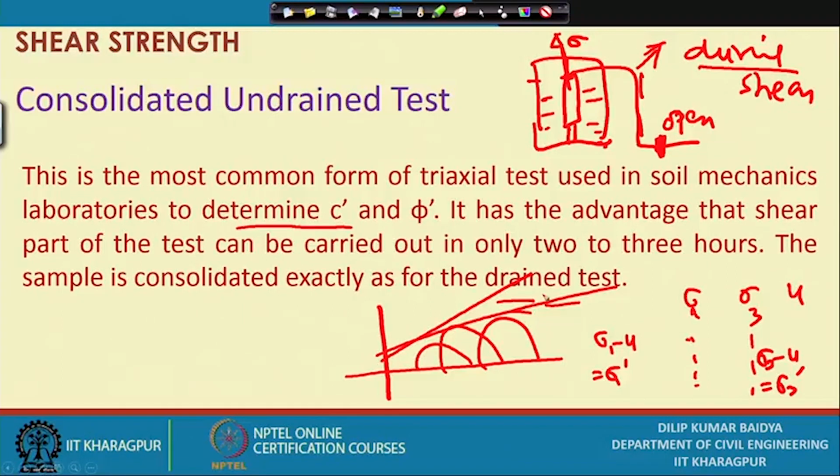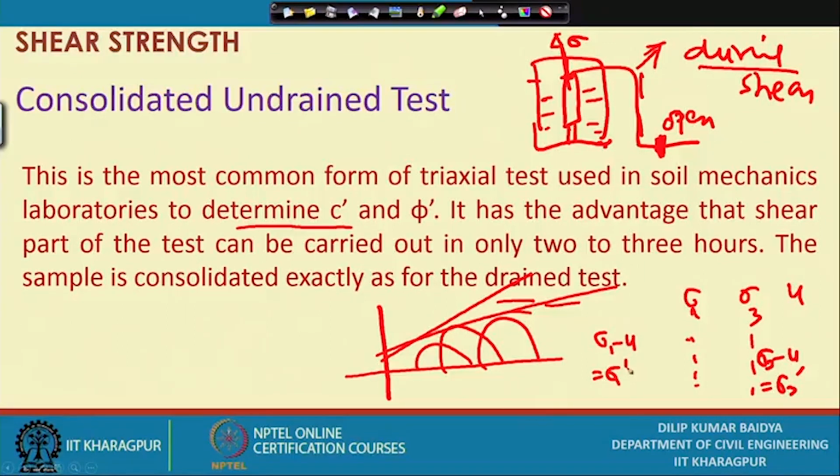The consolidated drained test is perhaps the most suitable test, mainly because we are giving enough time to dissipate the pore pressure, and that means the effective stress condition is satisfied. In the consolidated undrained test, we consolidate the same as in the consolidated drained test, but during shear we do not allow drainage. The final outcome can be almost similar if you measure the pore pressure and subtract it from the total stress.